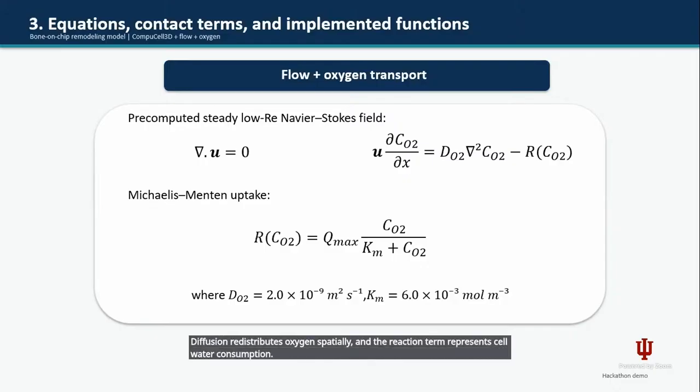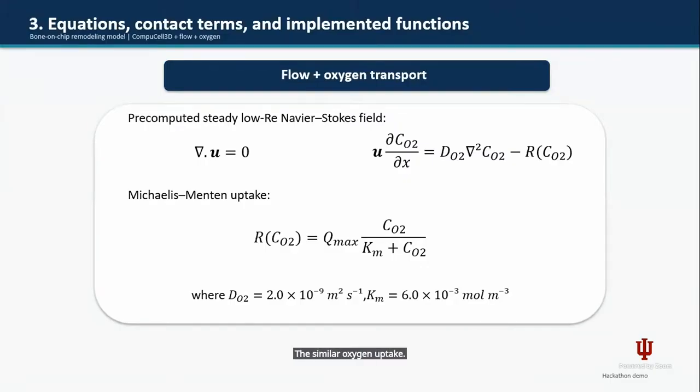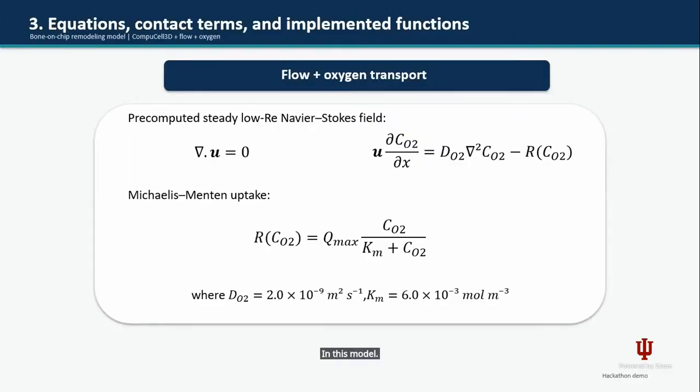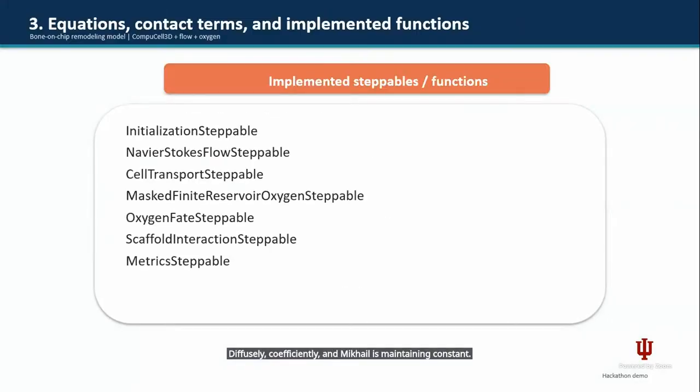The cellular oxygen uptake follows Michaelis-Menten kinetics, so consumption depends non-linearly on the local oxygen concentration. In this model, these were the diffusivity coefficient and the Michaelis-Menten constant. The model was implemented following these state variables and functions.